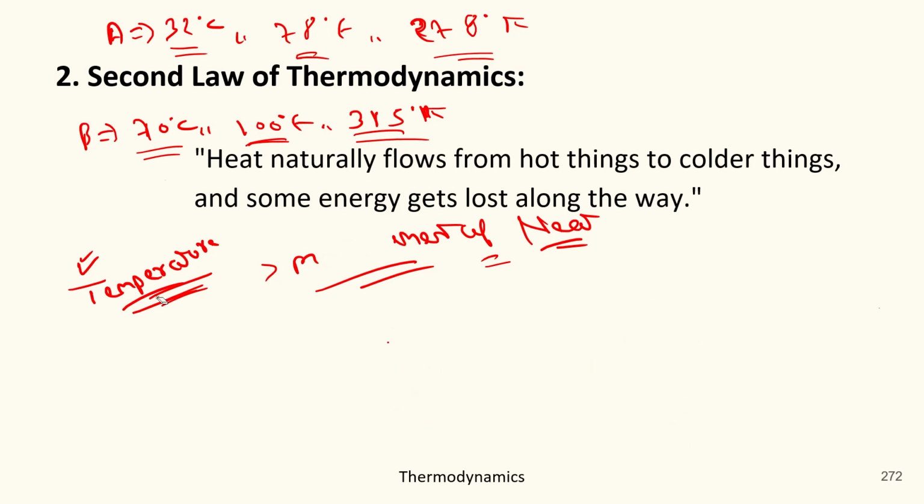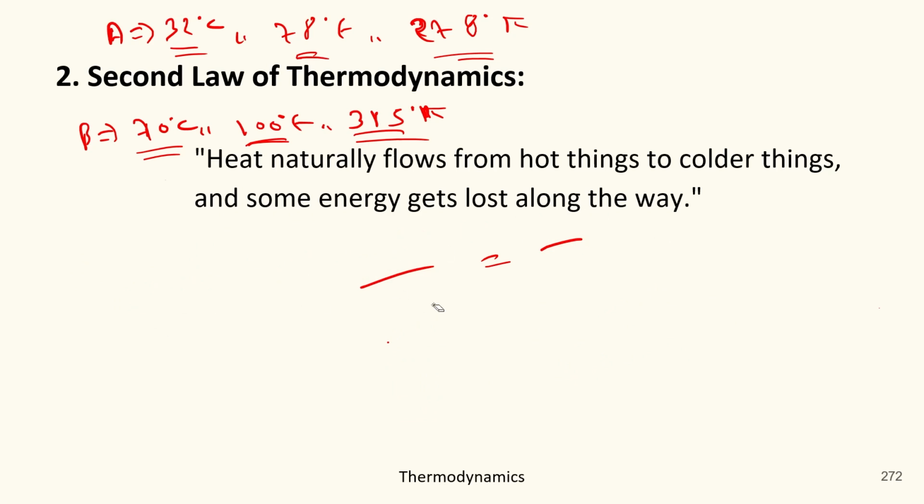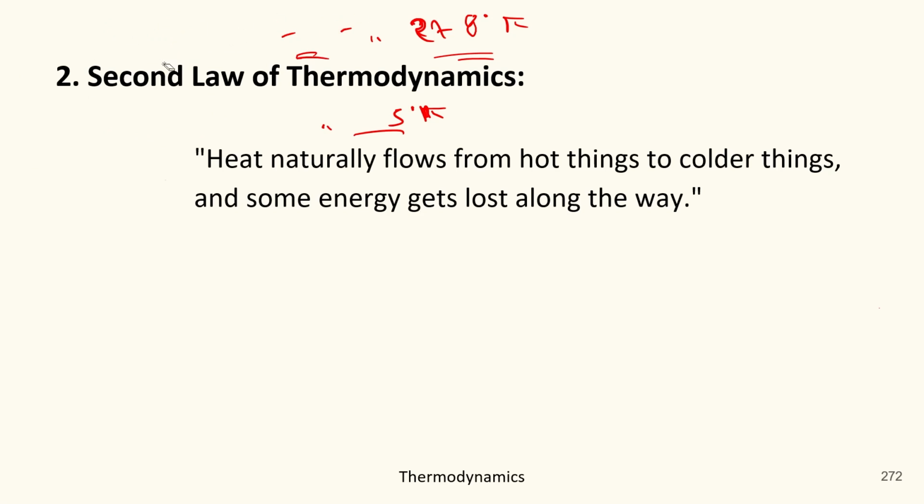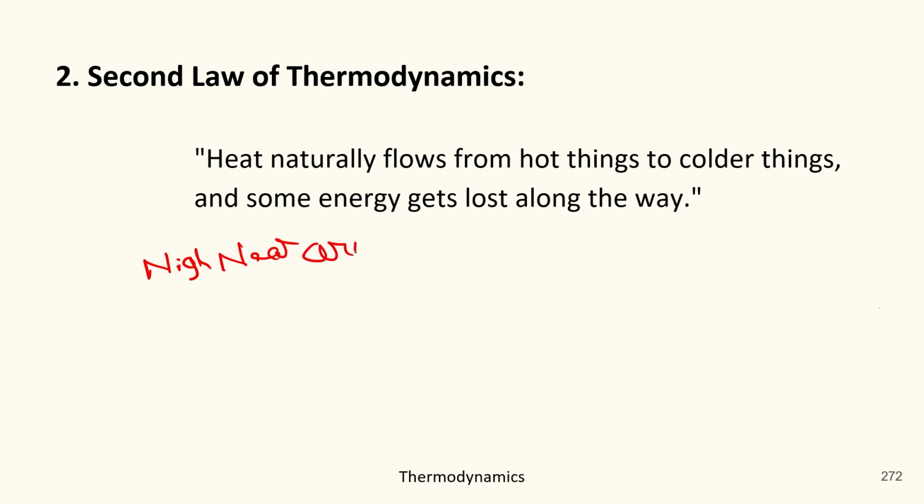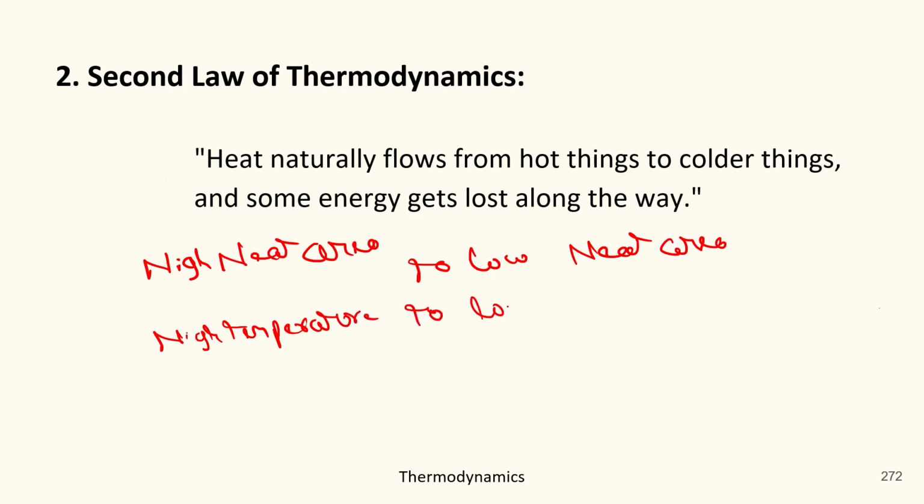Now, the second question, or you can say the second fact, not question exactly. The second fact is that there is always a flow of heat from high heat area to low heat area, or you can say from high temperature to low temperature.